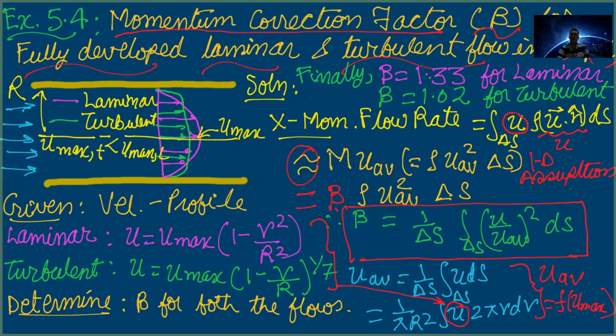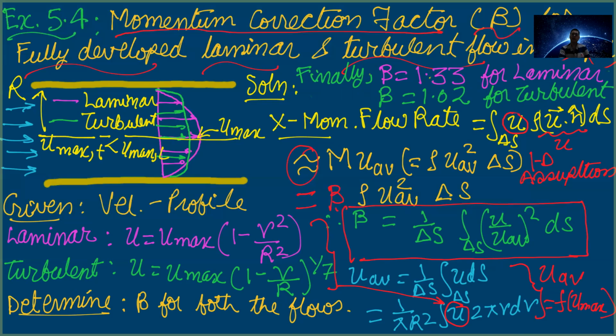So with this, I had presented 4 different example problems. In the first problem, I had introduced the moving control volume, and in the second problem, the new thing was that I had introduced the Bernoulli equation. The first problem was on a jet striking a vane.